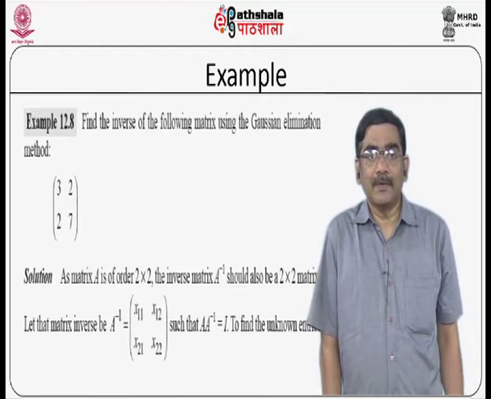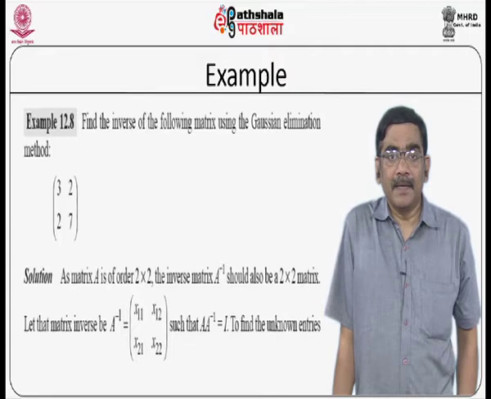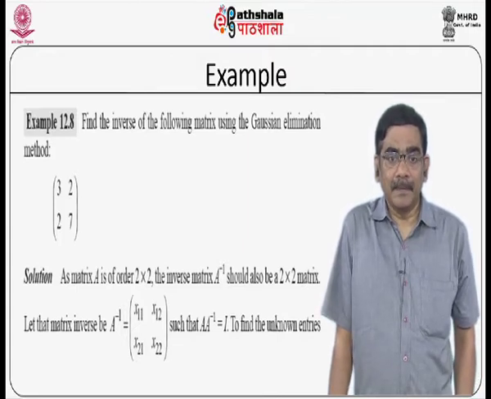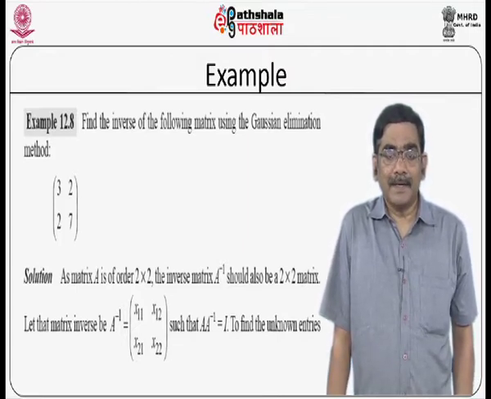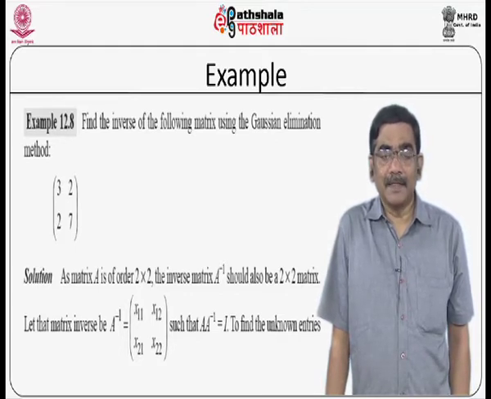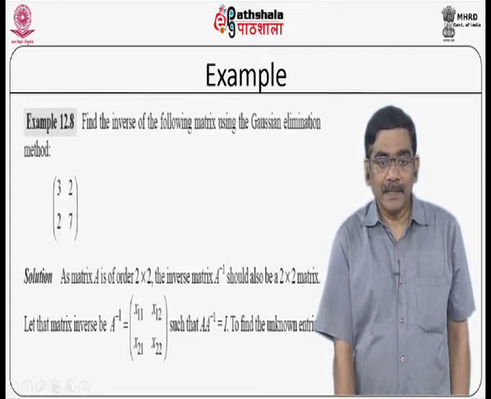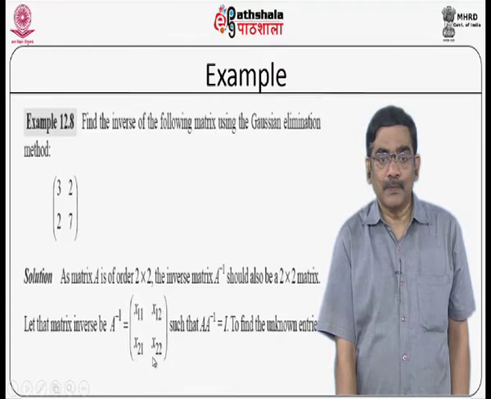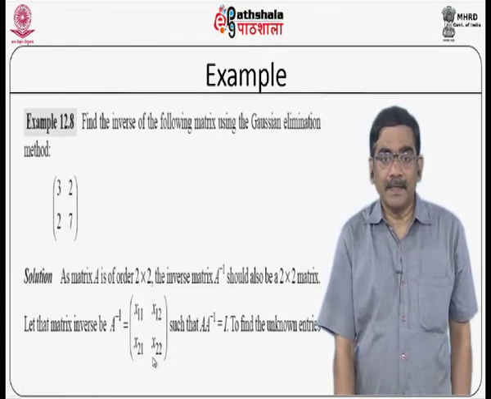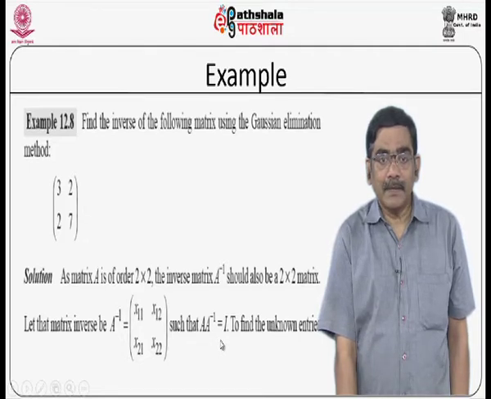So, that means I have to find a matrix B such that if I multiply A B, I should get the identity matrix. So, since the matrix A is of order 2 by 2, the inverse matrix is also a 2 by 2 matrix, and it has to be something like x11, x12, x21 and x22, such that if I multiply these two, I should get the identity matrix I. So, what is our objective now?